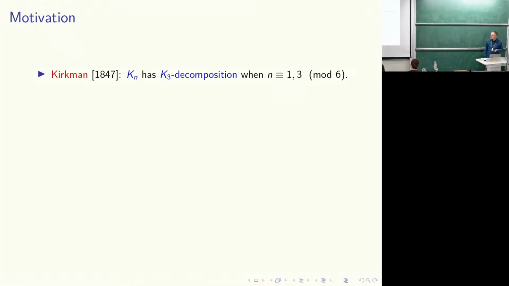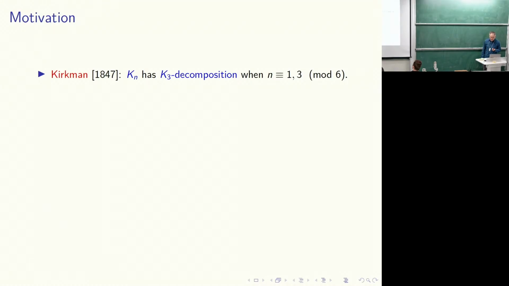So let me start with some history of the problem. Maybe the problem can be traced back to Kirkman from the 18th century, when he proved that a complete graph has a triangle decomposition.